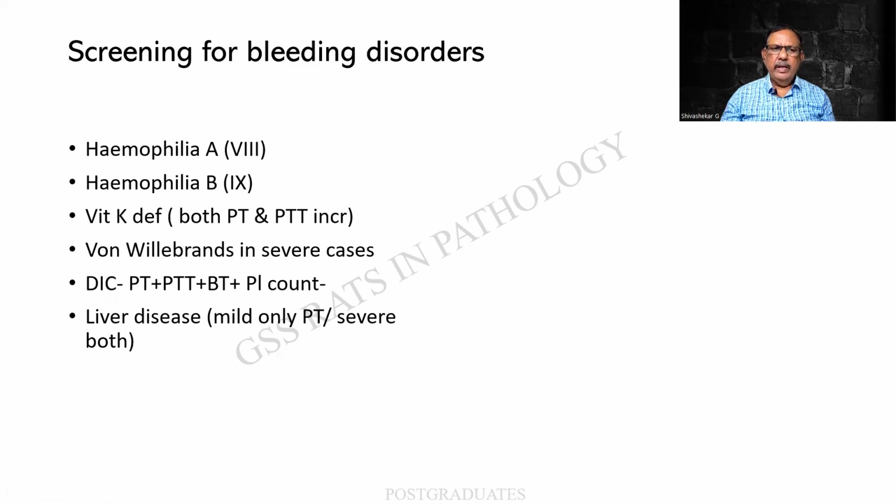They say that even a few percentage will be sufficient. Therefore, in severe cases, it can be done. Disseminated intravascular coagulation: you will have to do the prothrombin time, partial thromboplastin time, bleeding time, as well as the platelet count. And liver disease. You find that both will be positive in a case of severe.